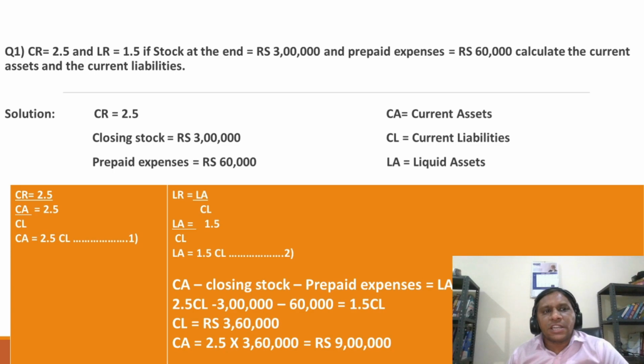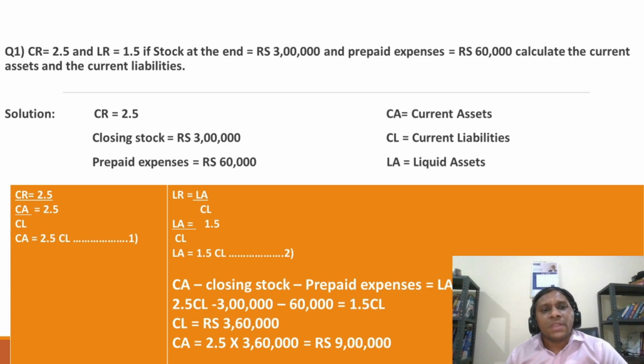In this question, the current ratio is given as 2.5, the liquid ratio is given as 1.5, stock at the end, which is also called closing stock, is rupees 3 lakh, and prepaid expenses is rupees 60,000. You need to calculate current assets and current liabilities.